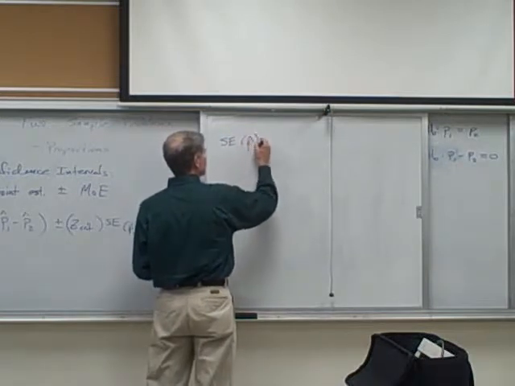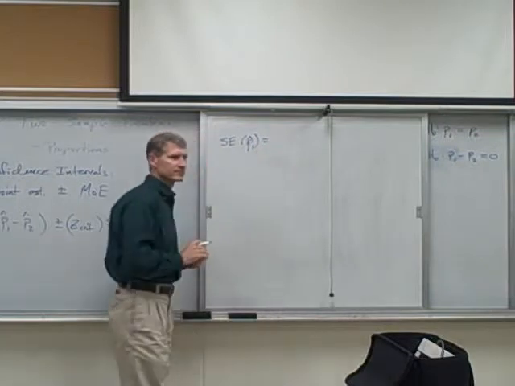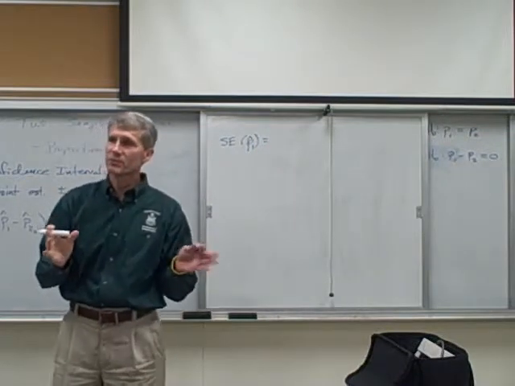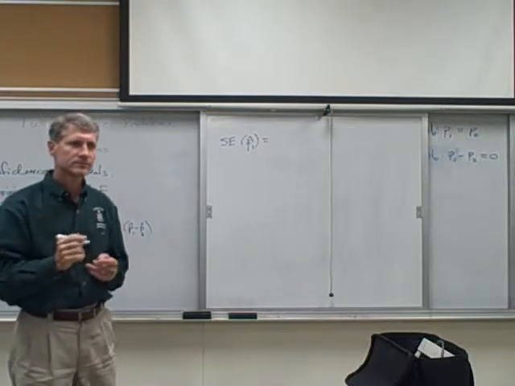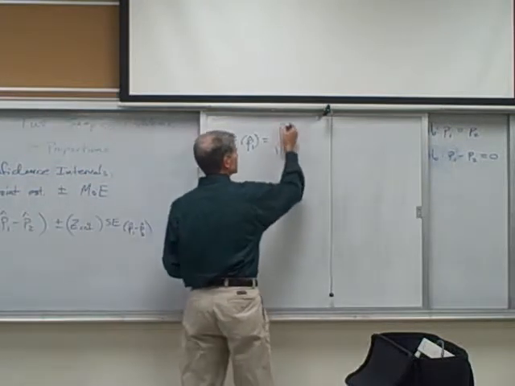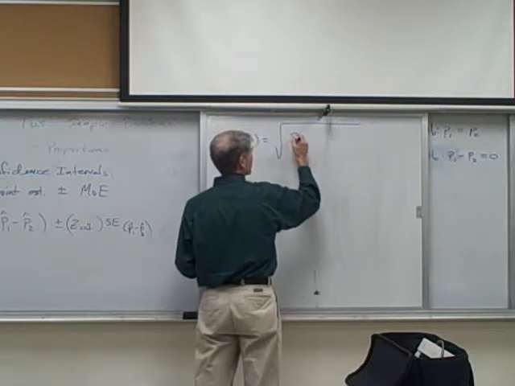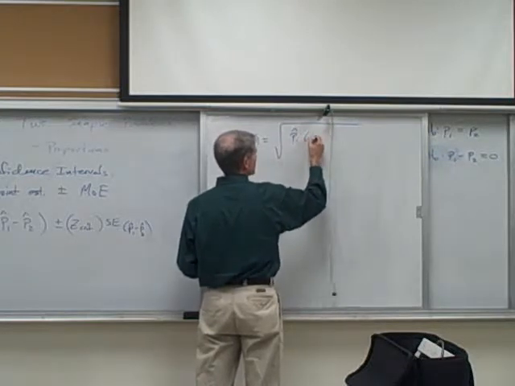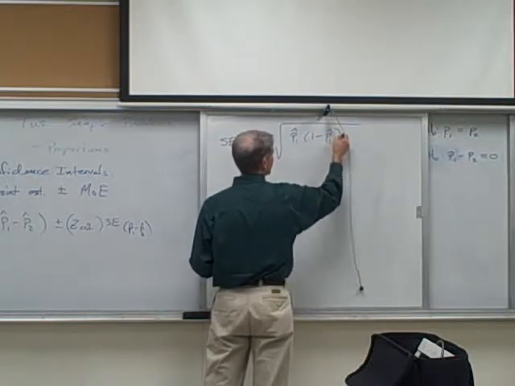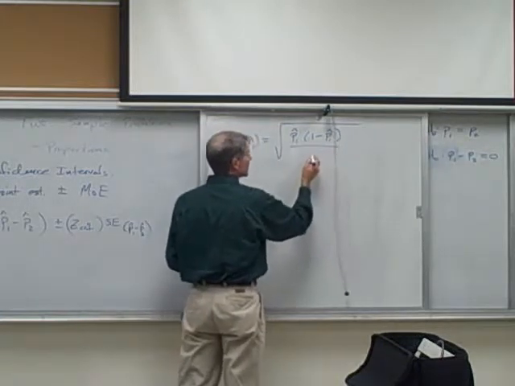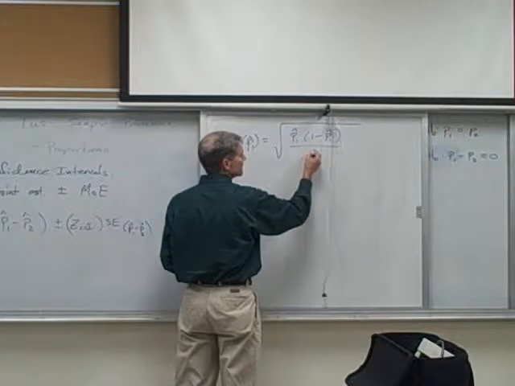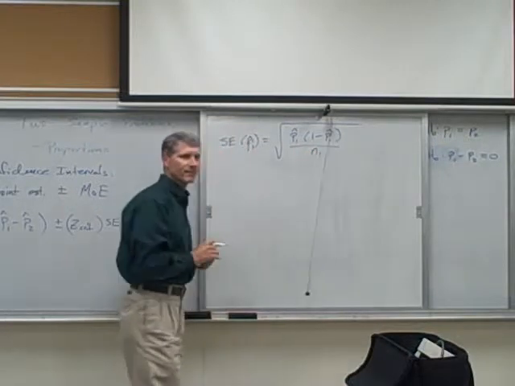Remind me what the standard error of p1 hat is. Not the difference between two proportions, but just for one proportion. Square root of p hat times 1 minus p hat, and notice I'm putting the subscript on there this time, divided by n1, right?